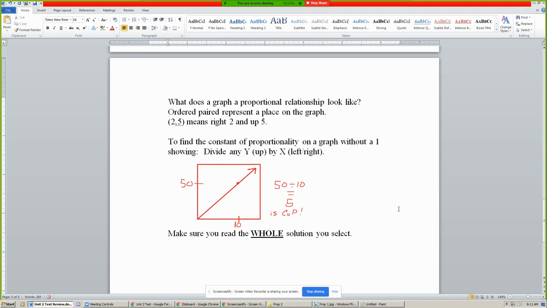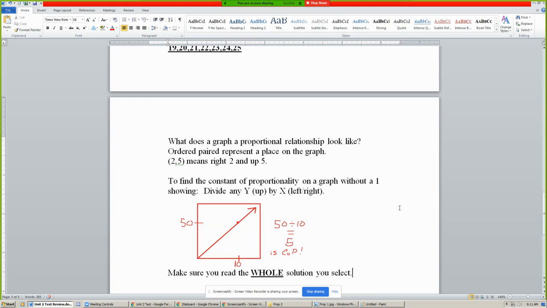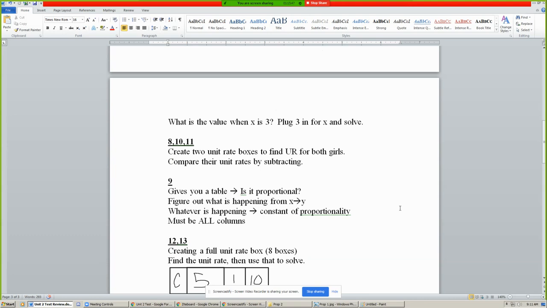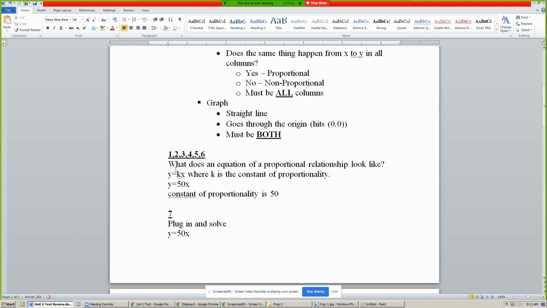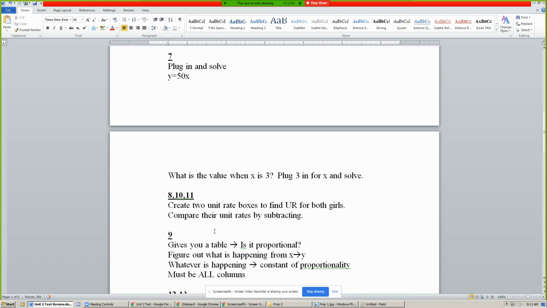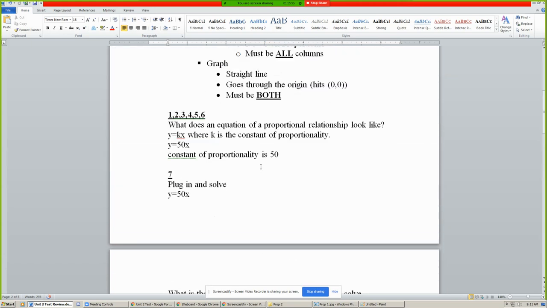All right. So that is the main piece of your, or all the main pieces of your test. Okay. I tried to group them all together on this test so that they were all kind of similar. You're kind of doing the same thing. 1 through 6, you're working through constant of proportionality equations.